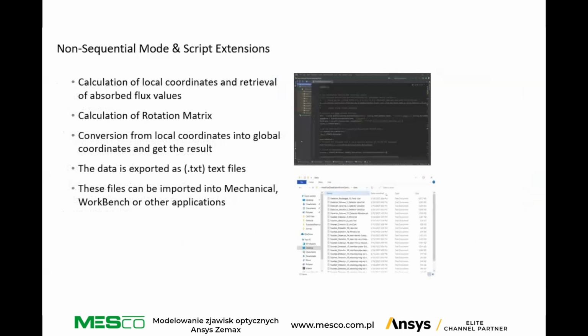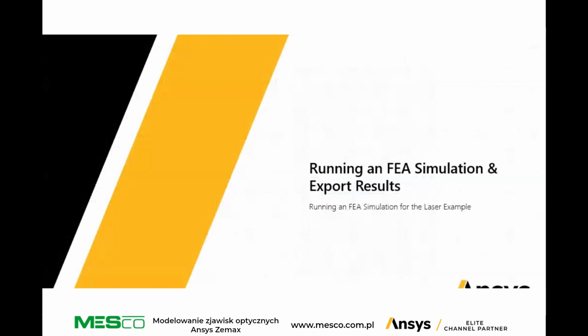The data that we have is a text file, which is basically the coordinates, so X, Y, Z, and the flux or the data that we are taking. And these files can be imported directly into Mechanical, into Workbench, or into other mechanical software.